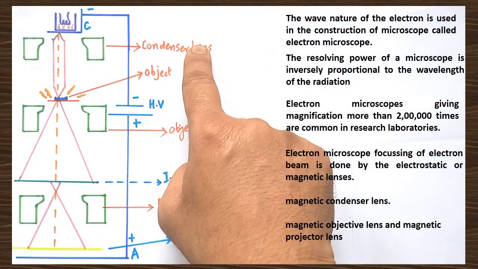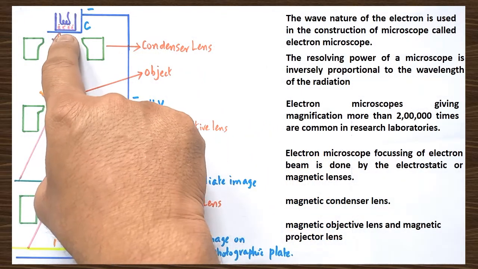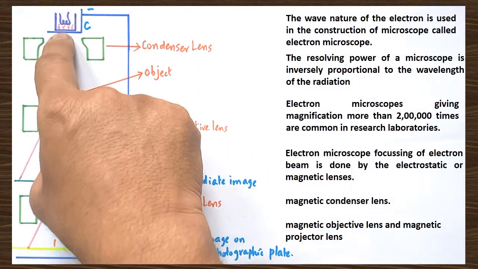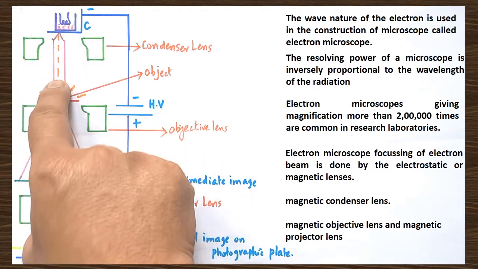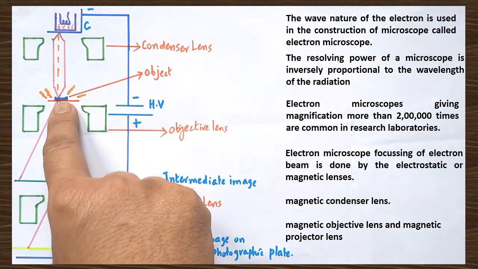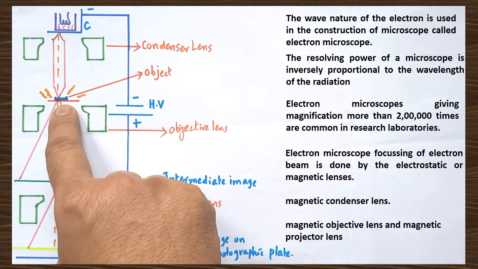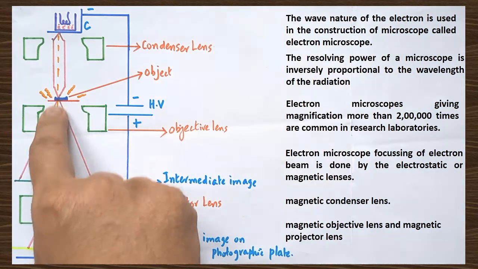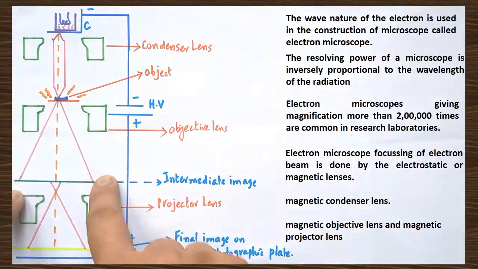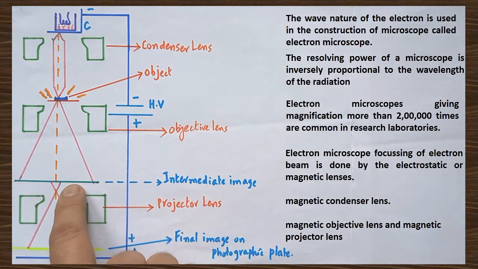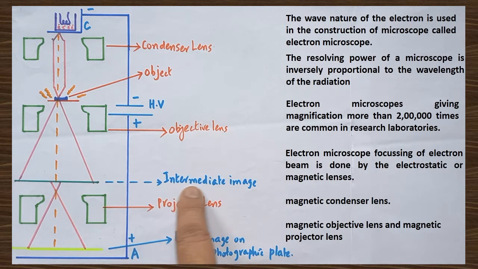So, the condenser lens is used to diverge the electron beam, which is finally made to be incident on the object, and the transmitted electrons are further diverged with the help of another lens, and the intermediate image is caught.